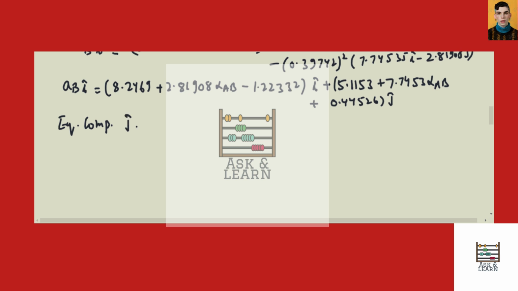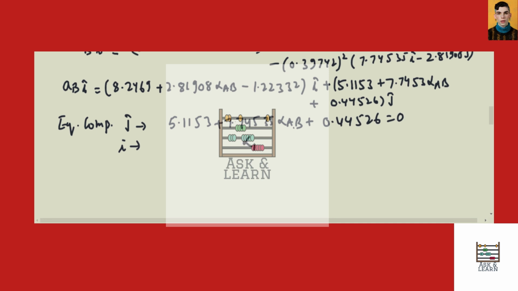Equating x and y components of this, you may write 5.1153 plus 7.74535 alpha AB plus 0.44526 is equal to 0.